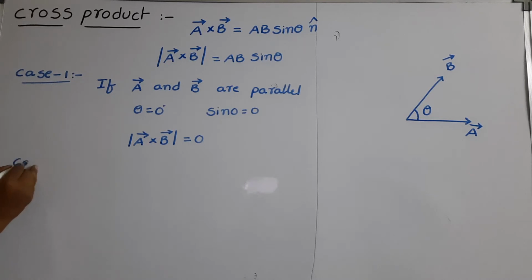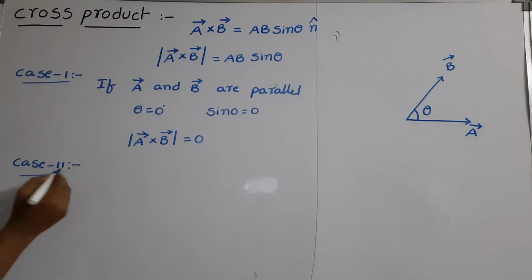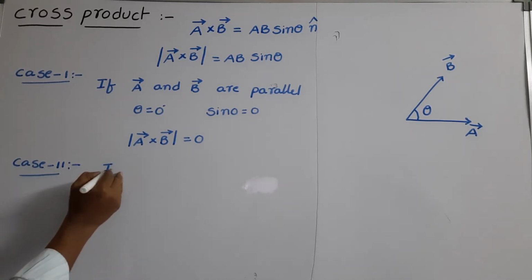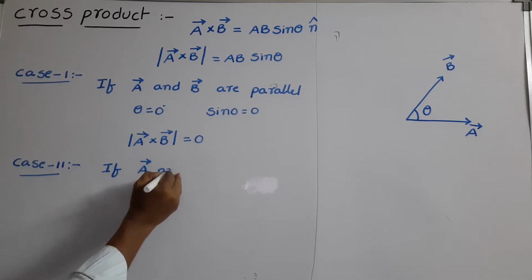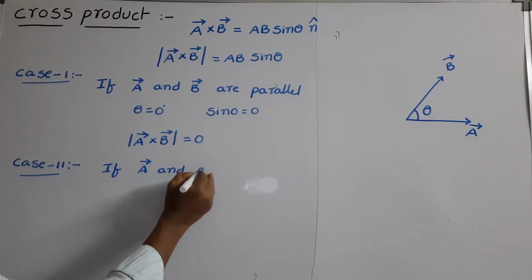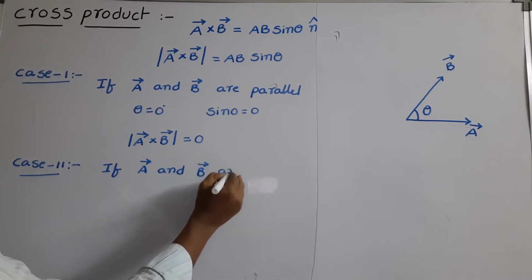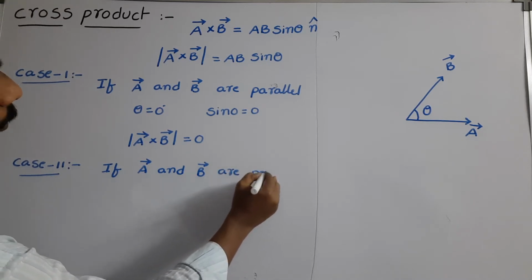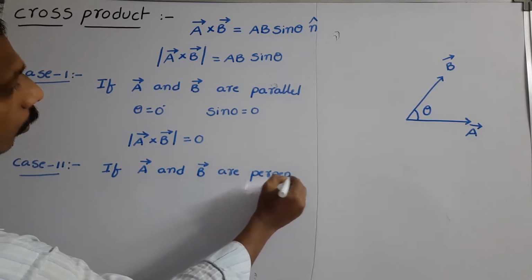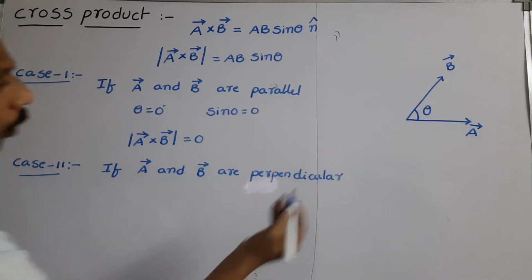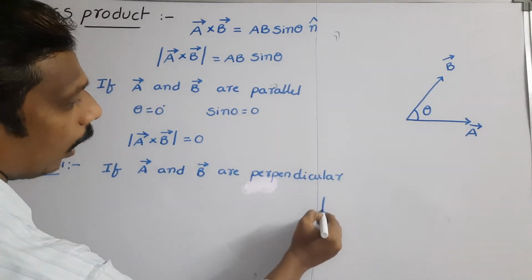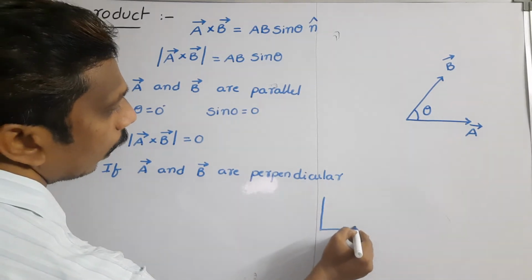And case 2. If two vectors are perpendicular to each other, that means a bar and b bar are perpendicular. In this case, the angle between a bar and b bar is equal to 90 degree.